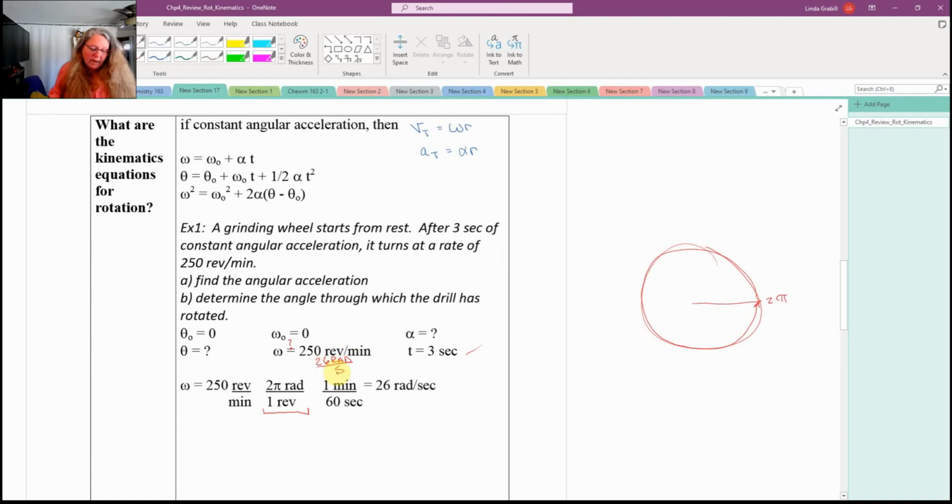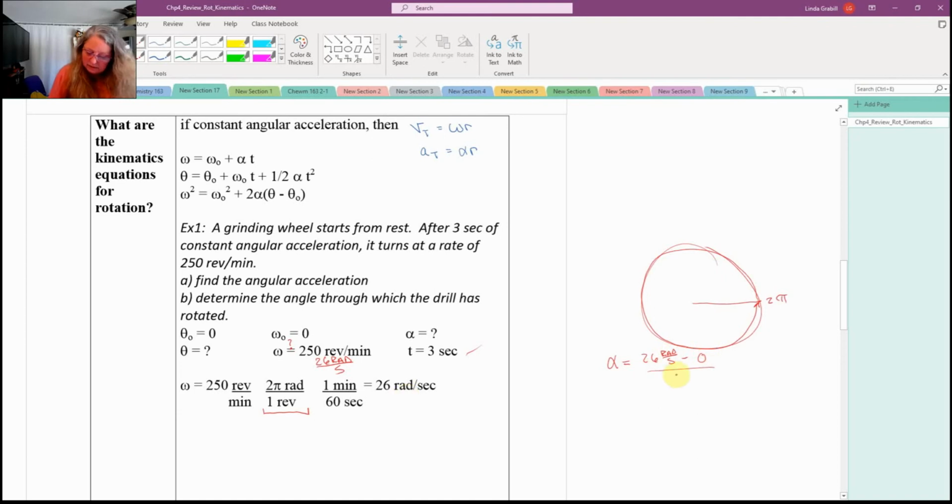So pause, come back, and tell me how you went about getting your alpha. I look at this and say, okay, I have a change in omega, and I have the amount of time. So my alpha is just the same as acceleration, right? We're just looking at the change in our omega. So my omega final is this 26 radians per second, minus my omega initial, which is 0, divided by the amount of time.